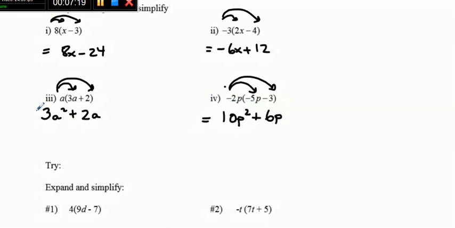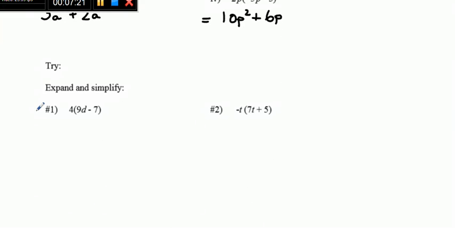Okay, I want you guys to pause the video now and expand and simplify, if you can, these two examples. Okay, so this is going to be 36d minus 28. Done. No more simplifying involved.